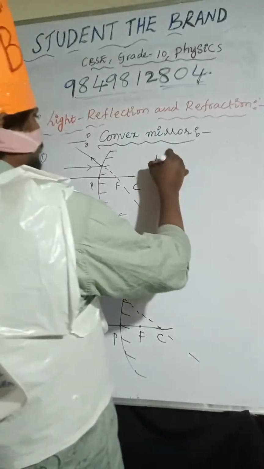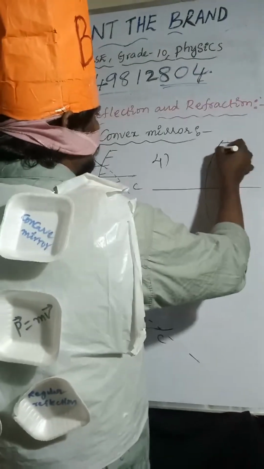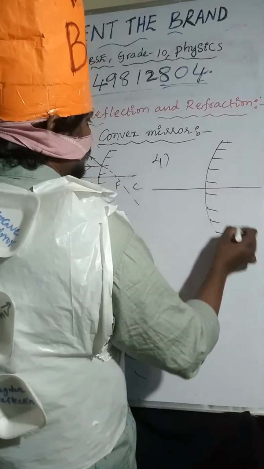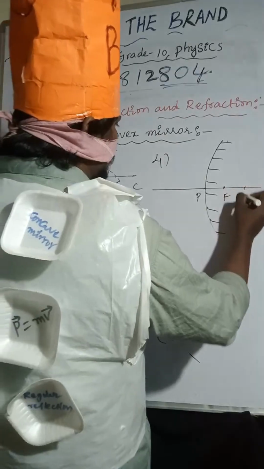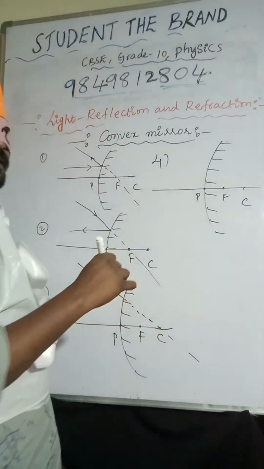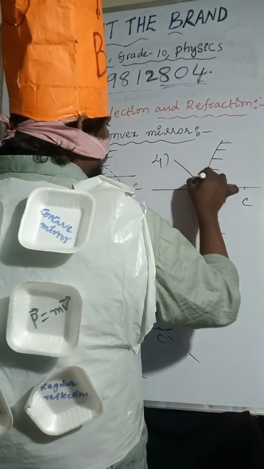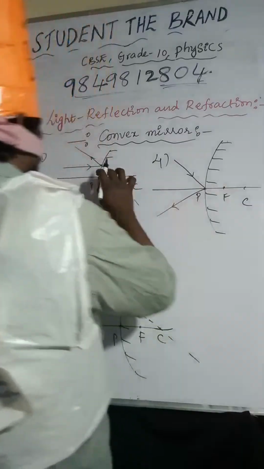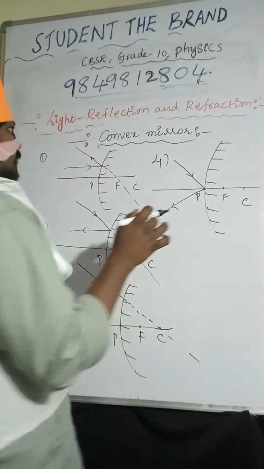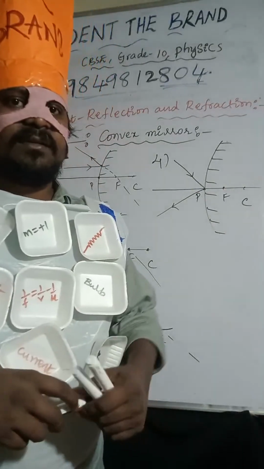And coming to the fourth one: light rays incident at the pole are reflected back. So 1, 2, 3, 4. These are the four ray rules of the convex mirror.